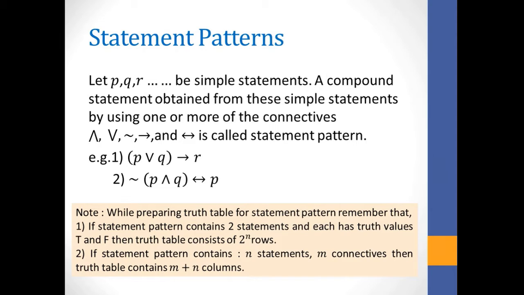And second, if a statement pattern contains n statements and m connectives, then the truth table contains m plus n columns. That will be more clear whenever you prepare the truth table for various statement patterns. Now we will study how to prepare truth tables according to various statement patterns. We will discuss a few examples.